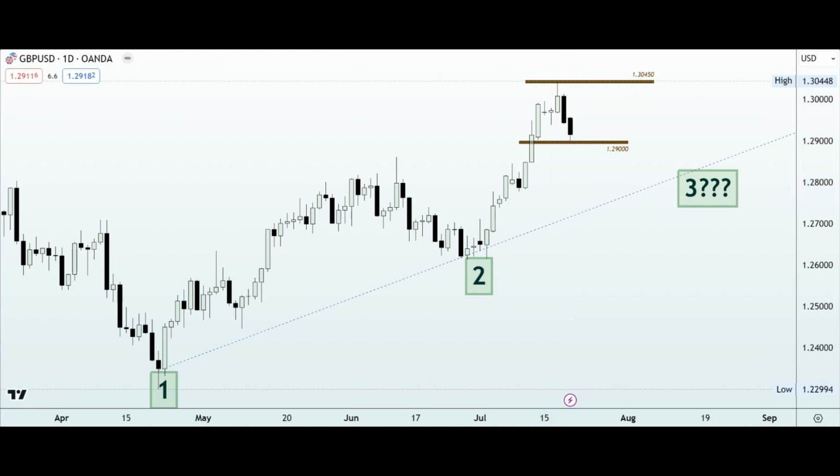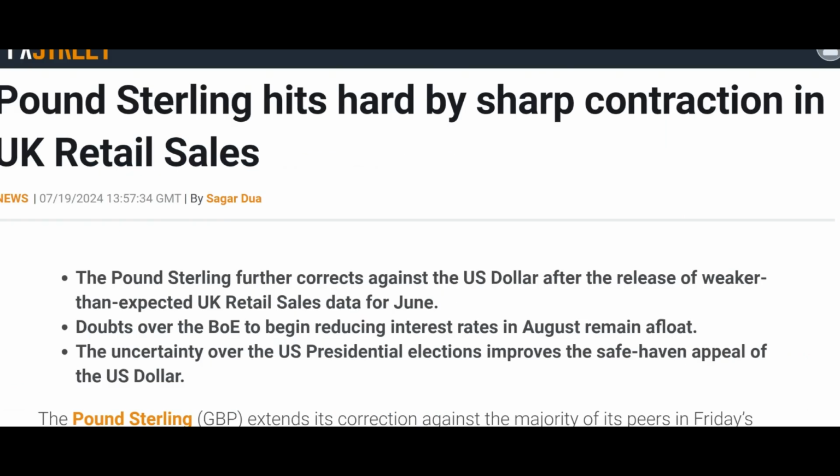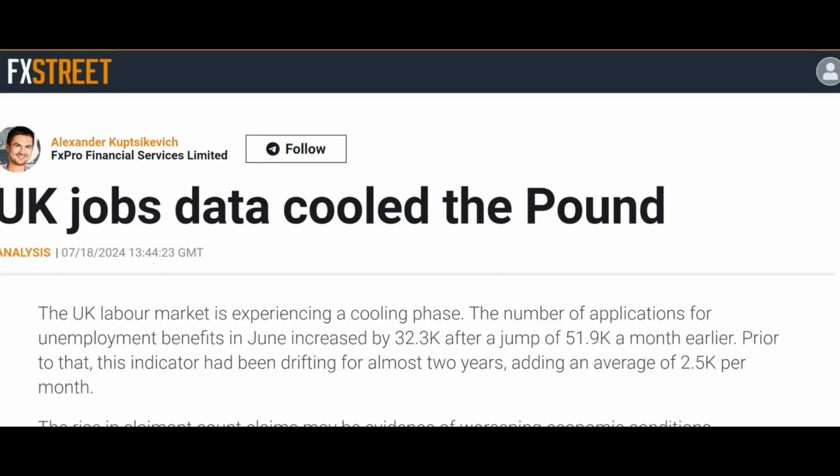But here's the thing, even though the recent news might make us think that the pound sterling is in trouble, the decline in probability of a rate cut by the Bank of England could keep it moving higher because the inflation in the United Kingdom is considered stable in the month of June compared to May, with service inflation still high at 5.7%, and that's a big deal for the pound sterling.